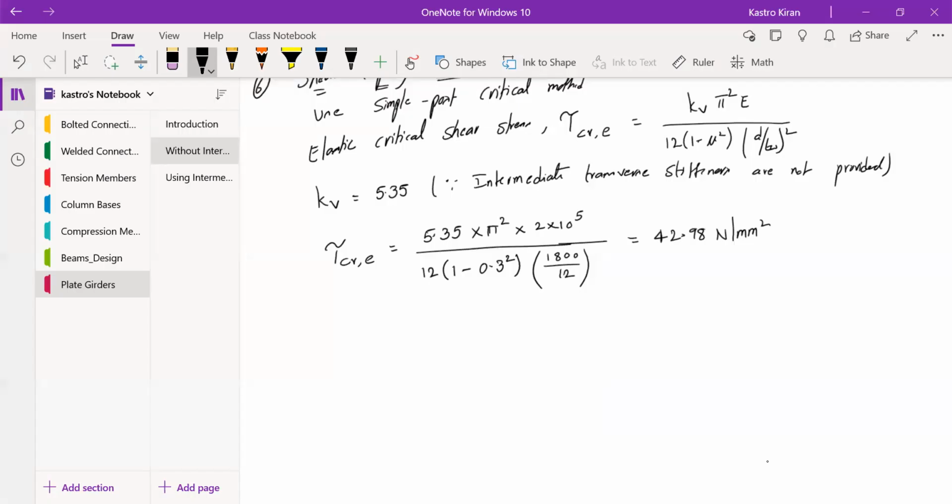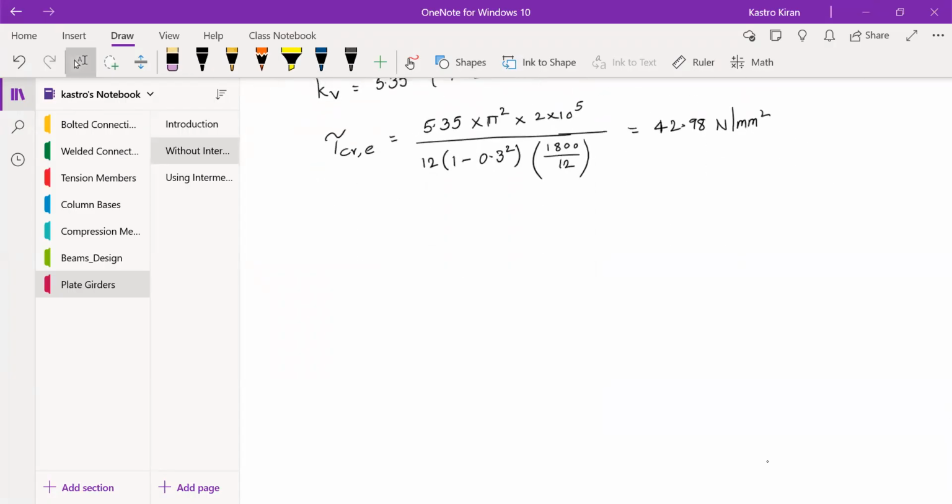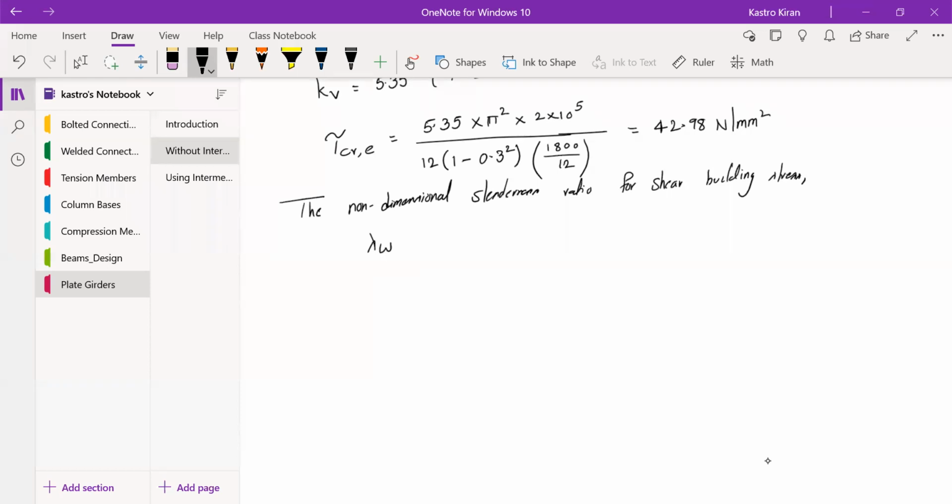So the non-dimensional slenderness ratio for shear buckling stress, lambda w, is greater than or equal to 1.2.